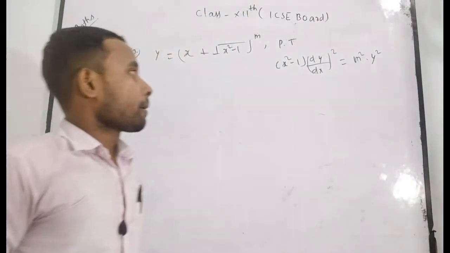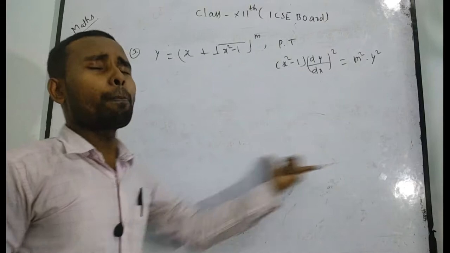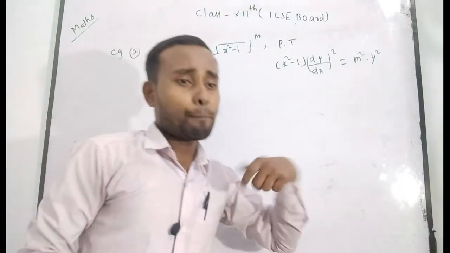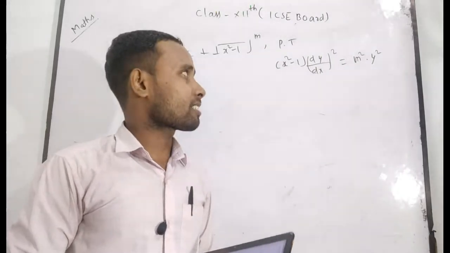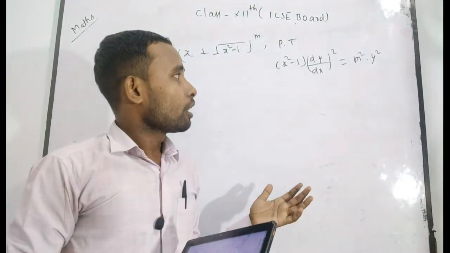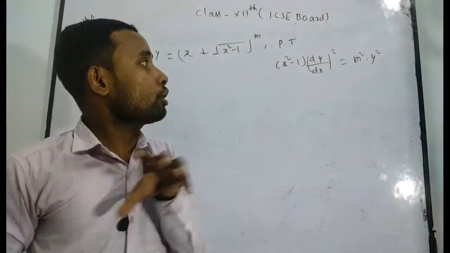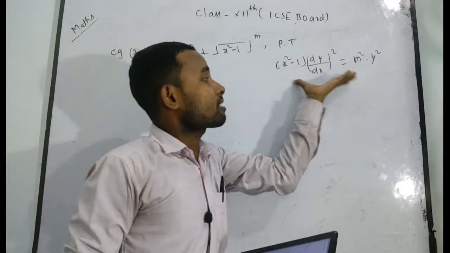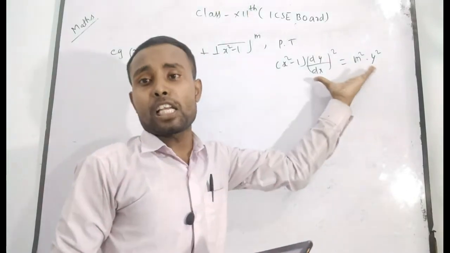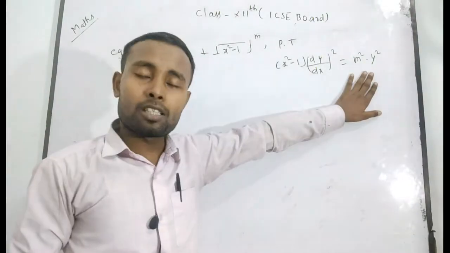Another method: first of all, simply differentiate on both sides. After differentiating, and if you have practiced a lot of problems, then by your intuition you can approach this mathematical equation. Actually, this is called a differential equation.